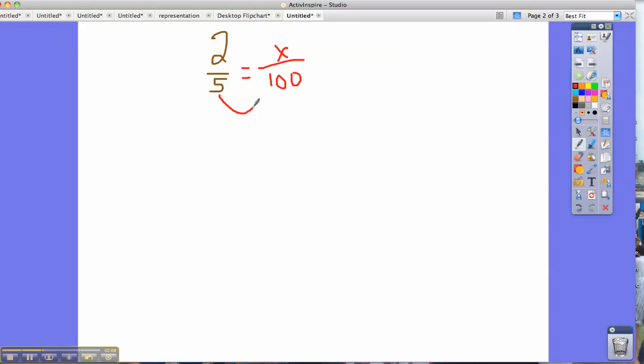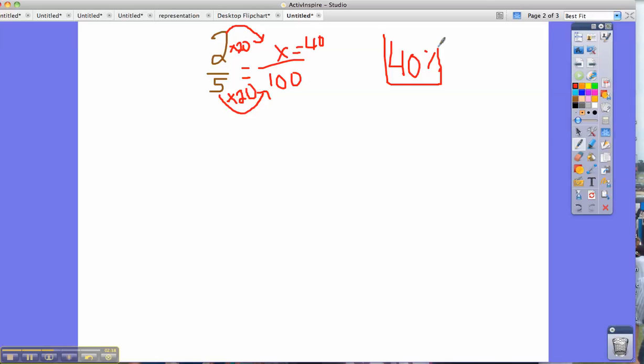Can we get from 5 to 100? Well, in this case, it's really easy to get from 5 to 100. We should all know 5 times what equals 100? 5 times 20. Very nice. So all we have to do is the same thing on the top. 2 times 20 would get us x. 2 times 20 is 40, so x is 40. So we have 40 per 100. That's 40%.